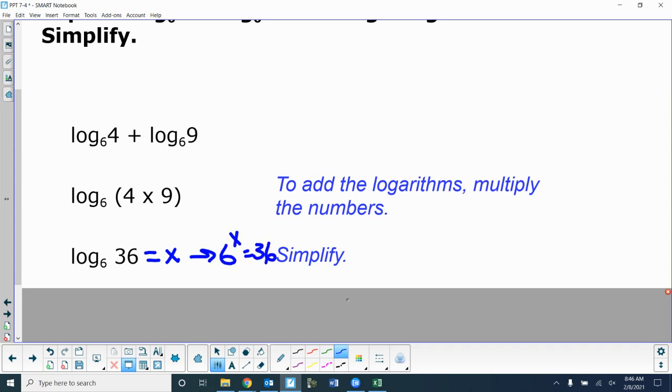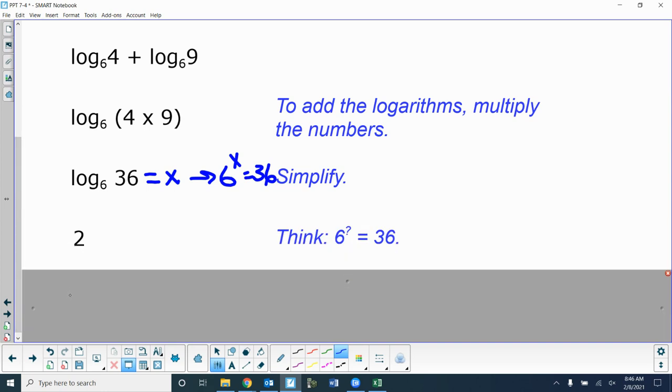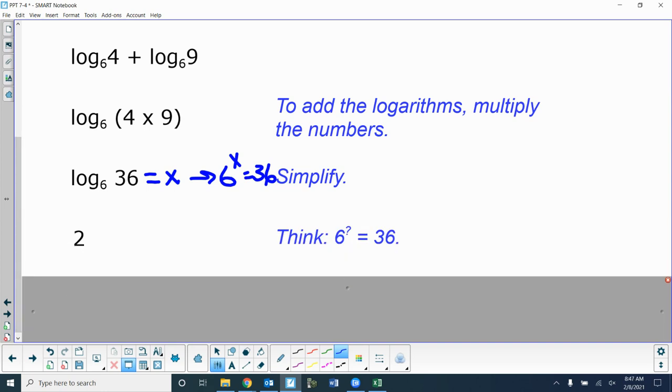You guys all know the answer is what? 2. Okay, so you have two separate logs. It's addition. It's got to have the same base for this to work, but they will all have the same base when you do these.